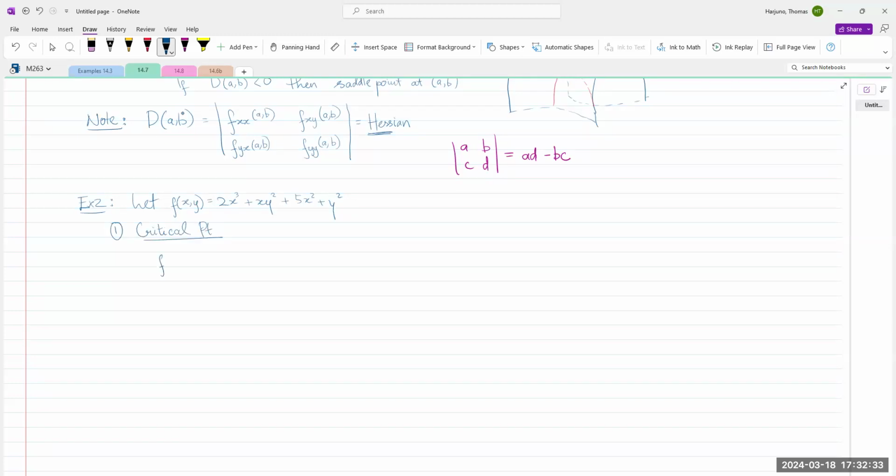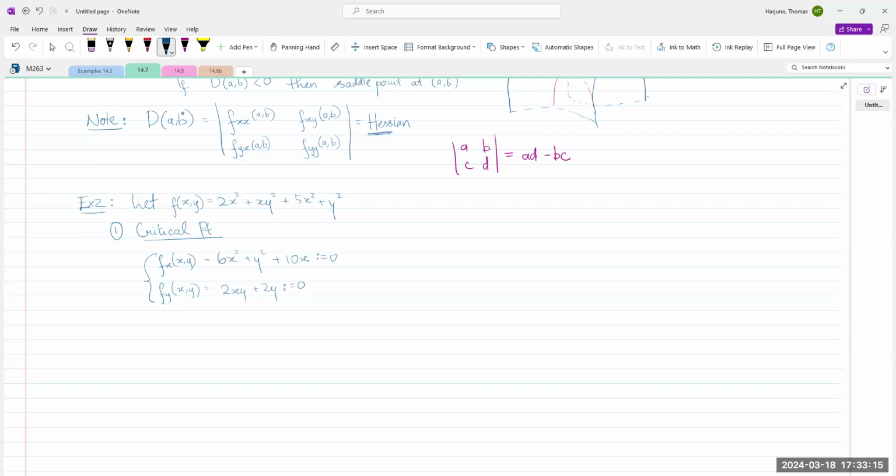Okay, now you will see the first step we do is to find critical points. It is done by taking the partial derivative with respect to x and the partial derivative with respect to y. I will set this equal to 0, and the partial derivative with respect to y will give us 2xy plus 2y. I will set this equal to 0. Now you see I have a system of two equations with two variables, but they are not linear, so we don't expect this to be easy, right?